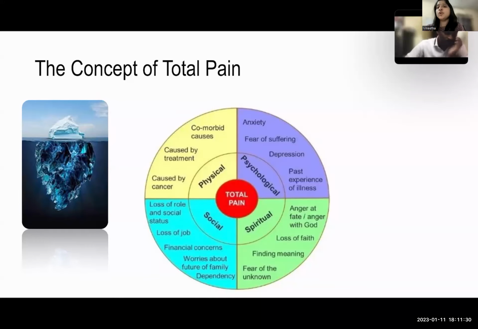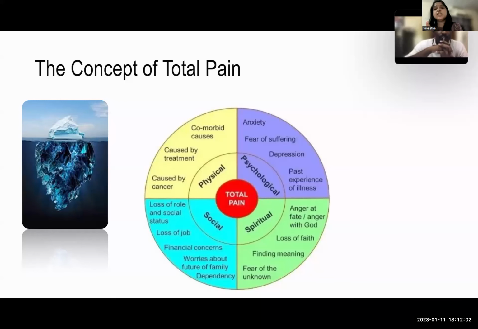Physical, we know, is caused by the cancer, caused by the treatment, or caused by the comorbidities. What are the psychological problems these patients usually have? Anxiety, depression, fear of suffering, fear of death. And the spiritual problems: why did this happen to me? Is it due to mistakes I made in my past life or the present life? The loss of faith, questioning the religion. All this comes under the spiritual concerns.